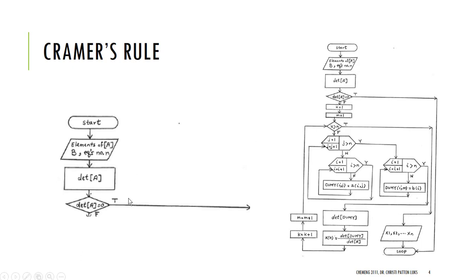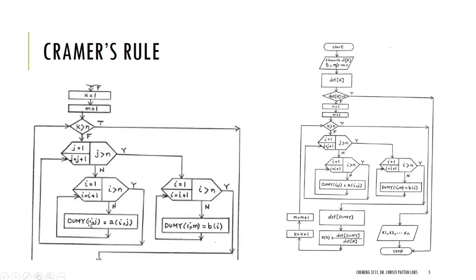Once you have the determinant of A, we're going to go through and find the determinant of A augmented with B in the jth column. This is taking us through that decision making. We're going to start with j equal 1 and go from j equal 1 to n, and then the same thing with i. These are representing loops, and then we'll make decisions.